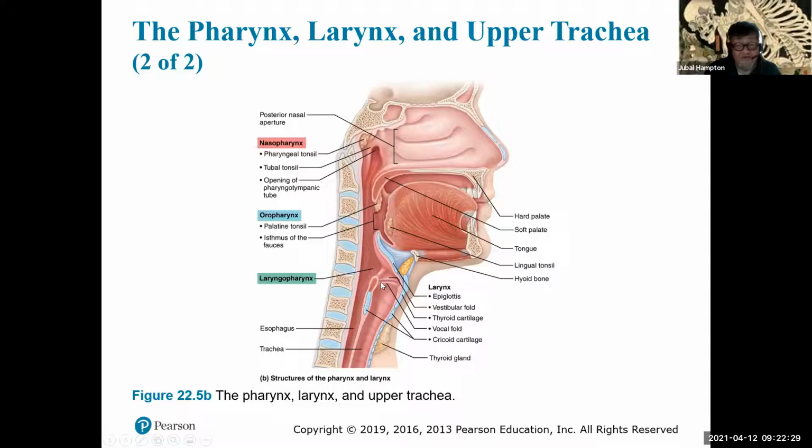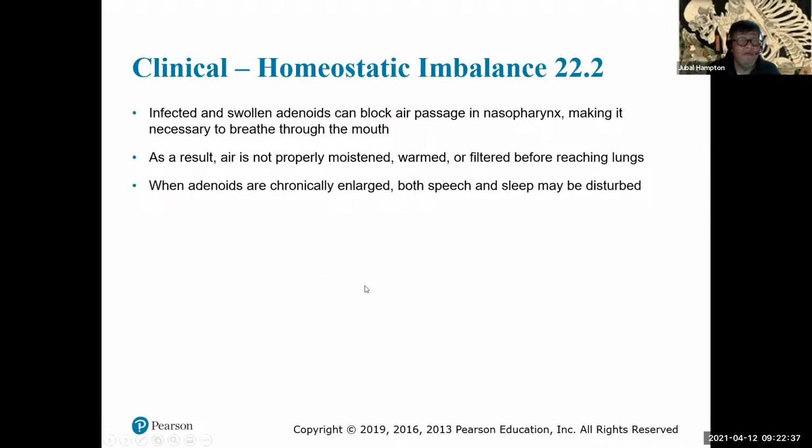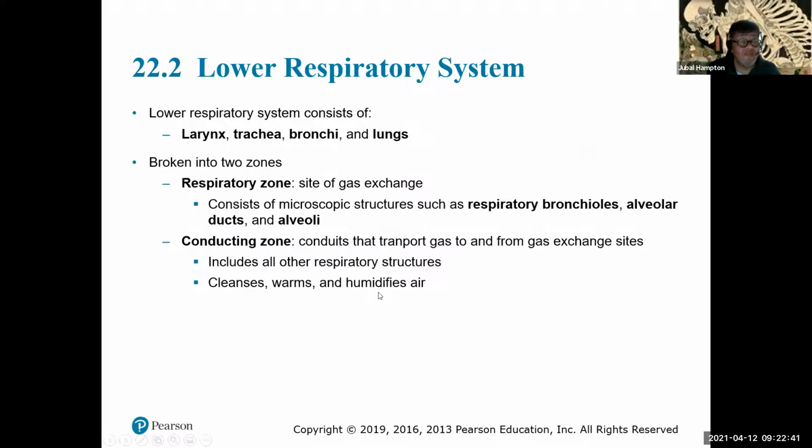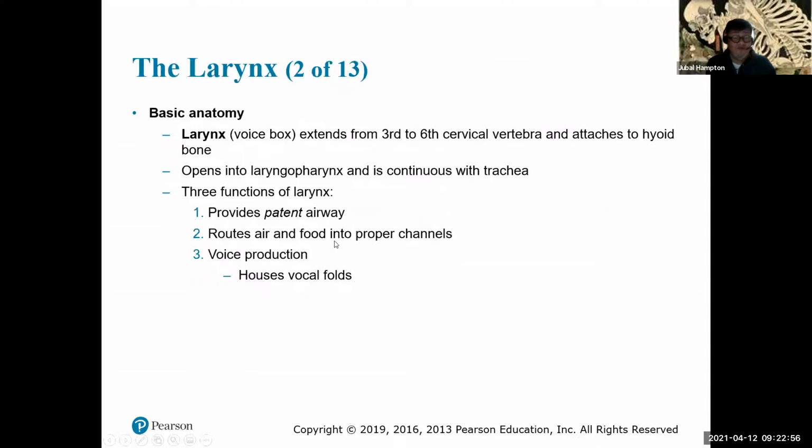The ventricle of the larynx. And so it's a small space in between those cords. All right. Gas is taken down into the lower respiratory system where we get to the site of gas exchange known as the respiratory zone.